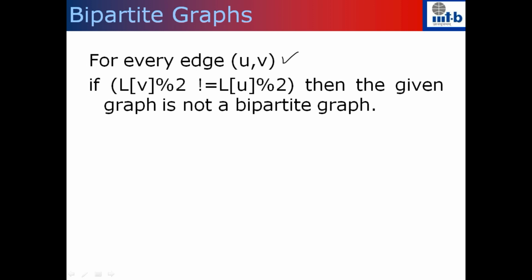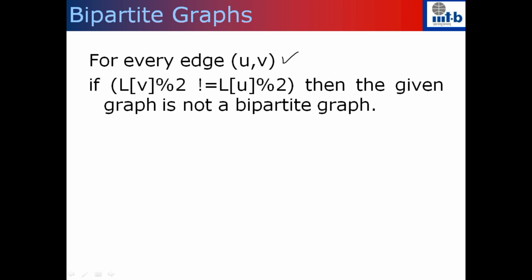I repeat, if you come across even one edge which goes from odd to odd or even to even, then the graph is not bipartite. So if every edge goes from odd to even or even to odd, then the graph is a bipartite graph. In order to check this, you have to just look at every edge and find the level of it.